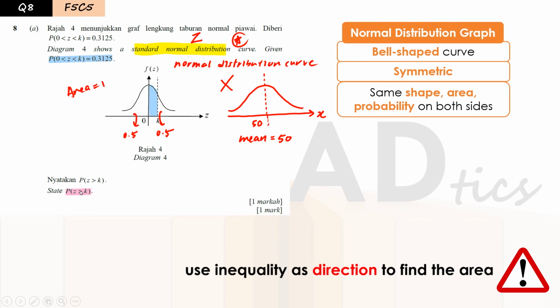Because this greater than sign is pointing to the right, we are going to start from k and move to the right side. So this is the area, or the probability, that we are trying to find.